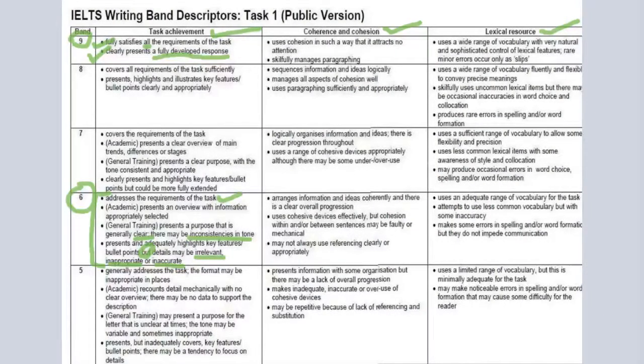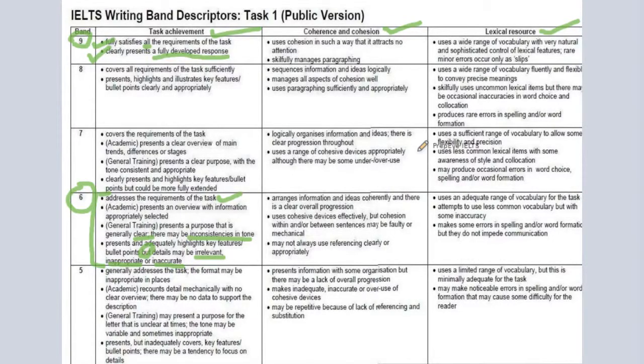Do not write half sentences, thinking that the examiner or the reader would understand what you are trying to say. In this case, I usually recommend that you think of the reader as a stupid person, in the sense that he or she might not be aware of what you're trying to say or what your idea is. So you need to elaborate it, support it with examples or surveys, and write it in a detailed manner.